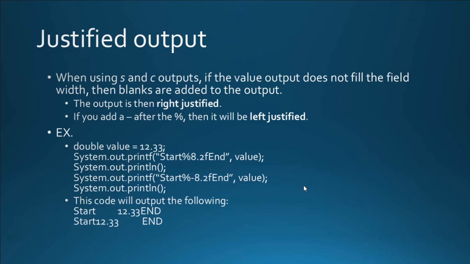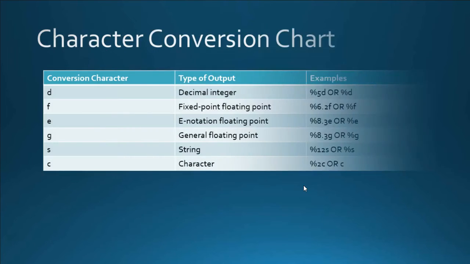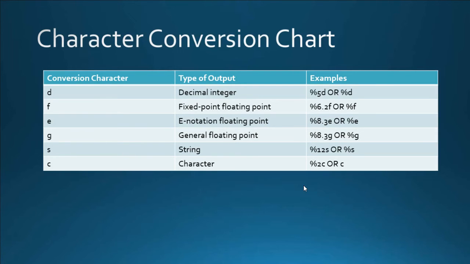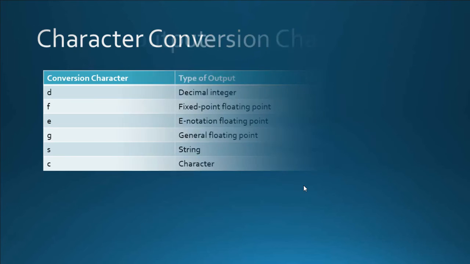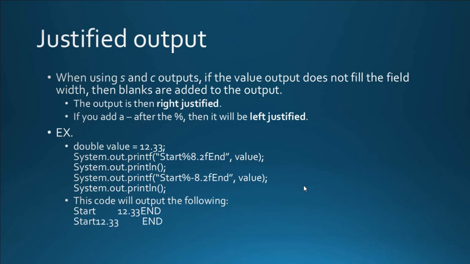Remember the 8.2f, if we look back at the previous slide, you don't see 8.2 on there, but we do have an f, which refers to fixed floating point. Then System.out.printf("start %-8.2f end", value). The way this code is going to print out is start, then 12.33 right justified, end; or in the second case, start 12.33 with blanks, then end. So that justification symbol will move that around accordingly.